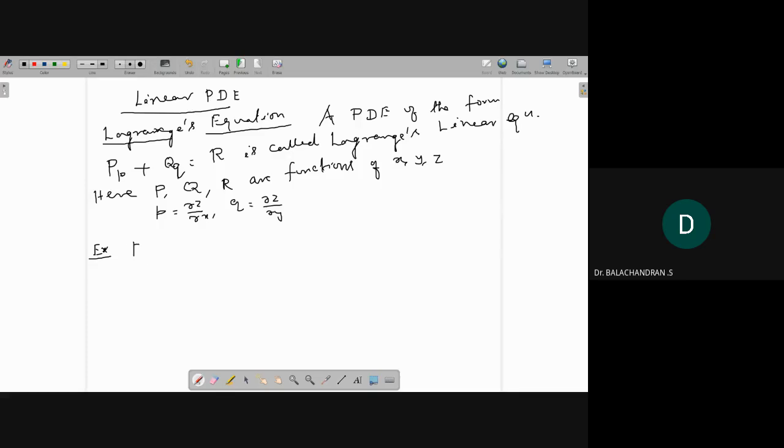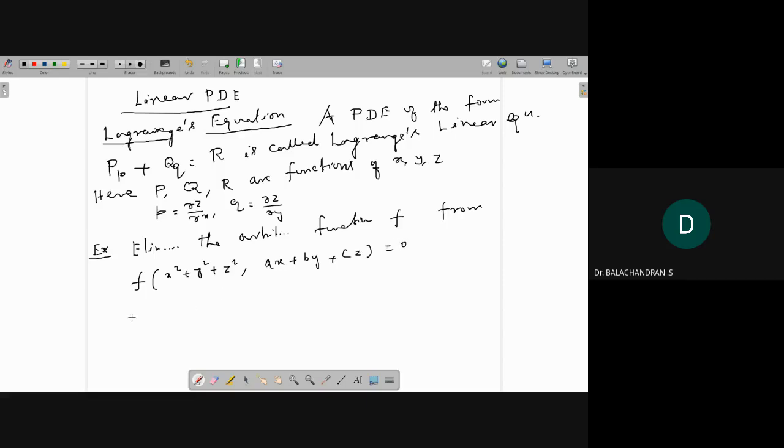So eliminating the arbitrary function f from f of x square plus y square plus z square and ax plus by plus cz equal to 0.